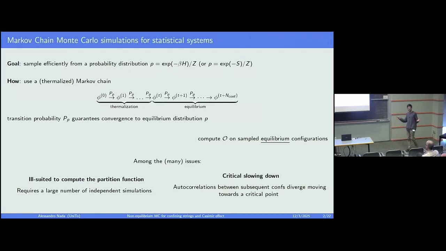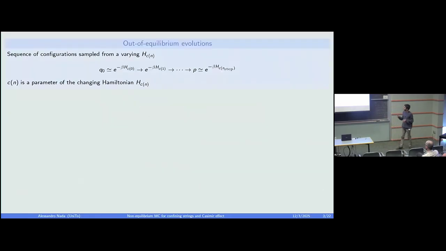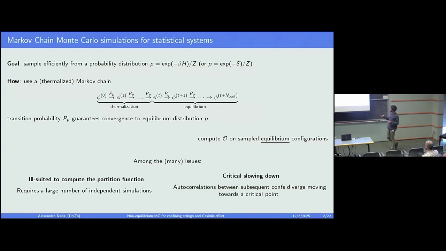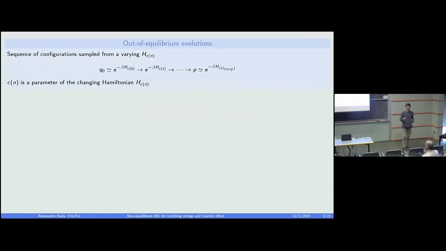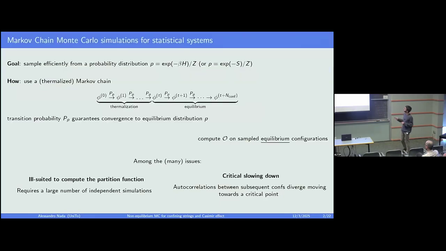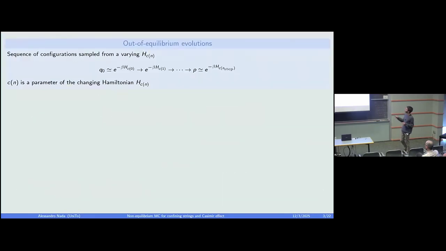For example, in lattice QCD, when you move towards the continuum limit, the topological charge exhibits possibly exponentially increasing autocorrelations. So I think both of these issues can be tackled by relaxing one of the criteria of equilibrium Monte Carlo, and the idea is that we want to go out of equilibrium.